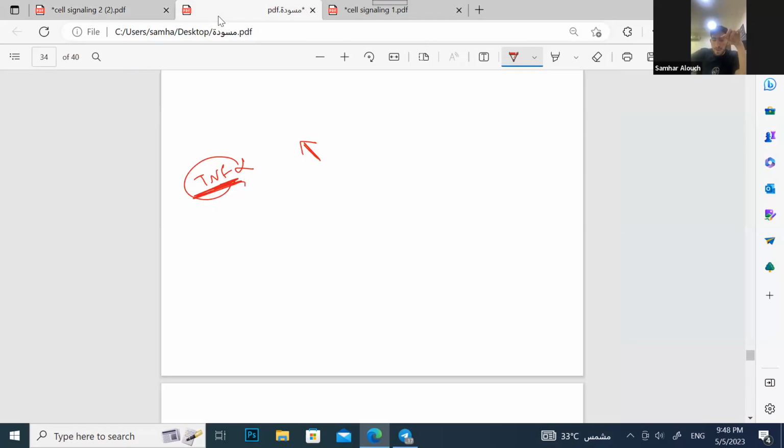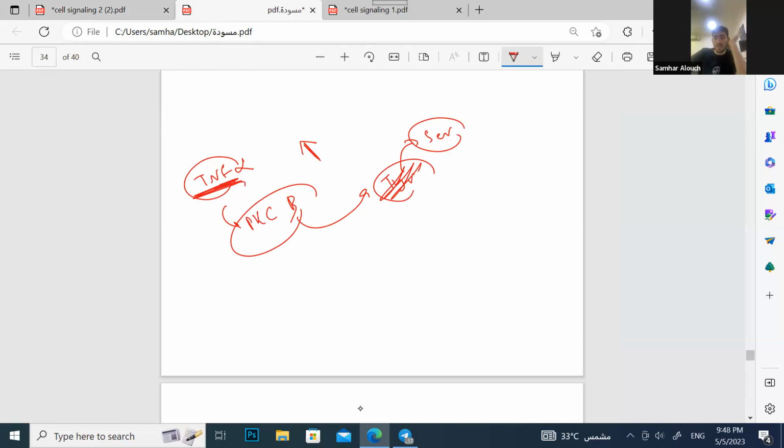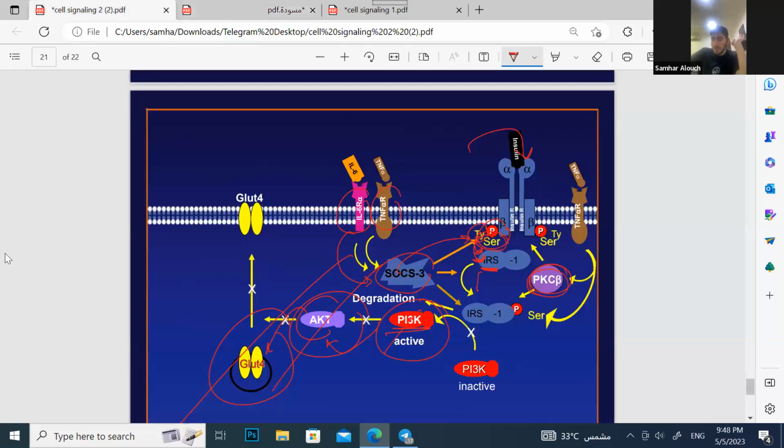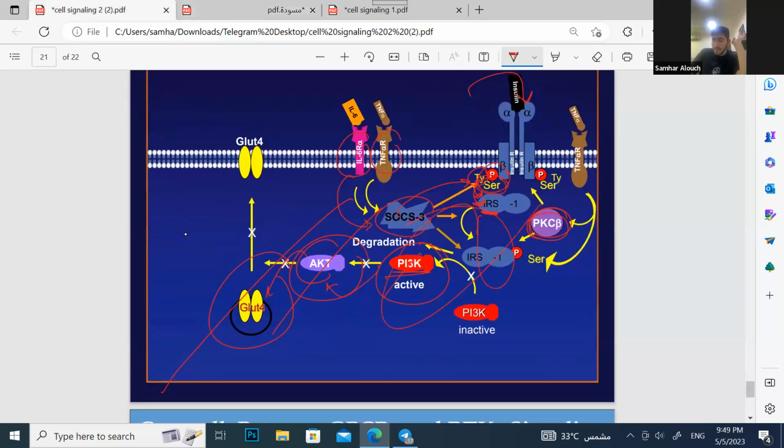And this protein kinase C beta changes tyrosine kinase also to serine kinase. And once we have serine kinase, it's over. We don't have insulin reaction, same as inflammation. The whole thing is interrupted, and that's it. So, is it clear?